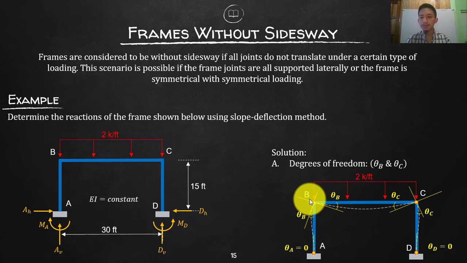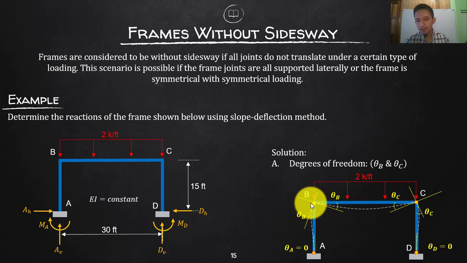But if you look at joints B and C, do not forget that for a frame, even if that will deflect and now be an elastic curve, the tangents of the joints will still be 90 degrees.